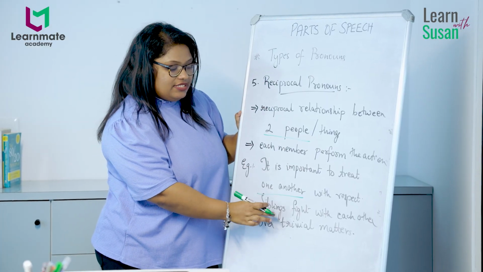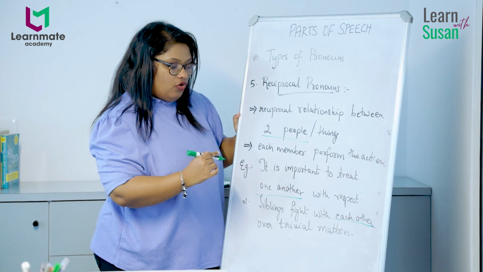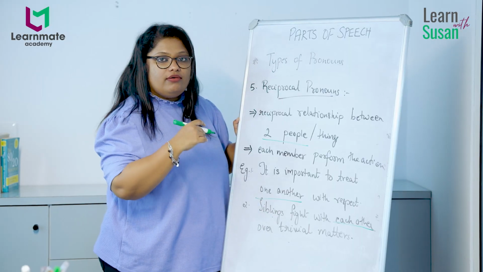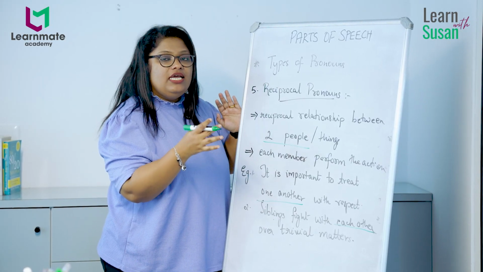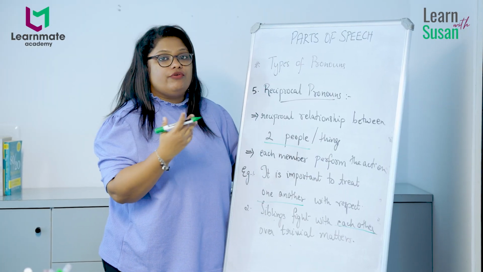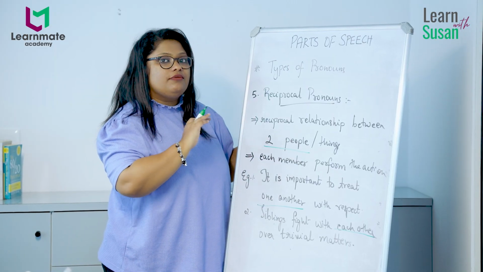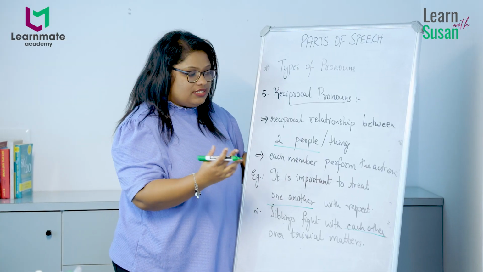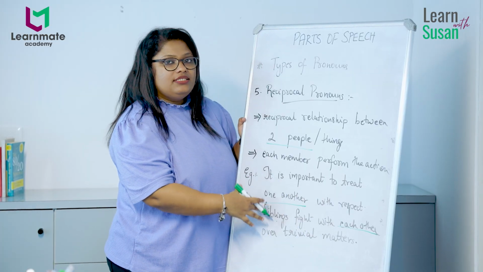The second one, siblings fight with each other over trivial matters. So we're talking about siblings who are fighting with each other. The action of fighting is done by two or maybe more siblings over trivial matters. So when we use pronouns to indicate reciprocal relationships in a certain context, these are the examples that we can use: one another and each other.